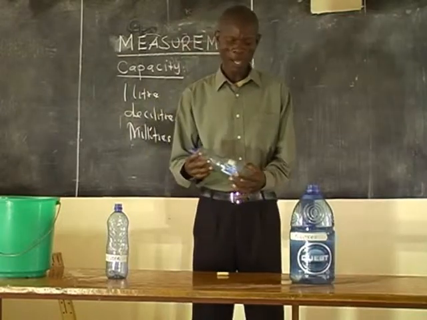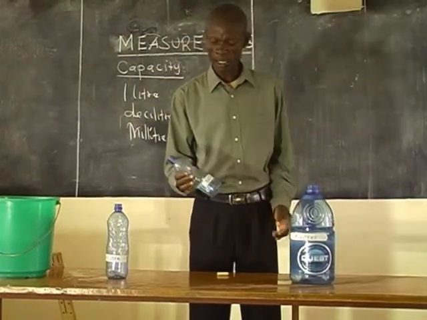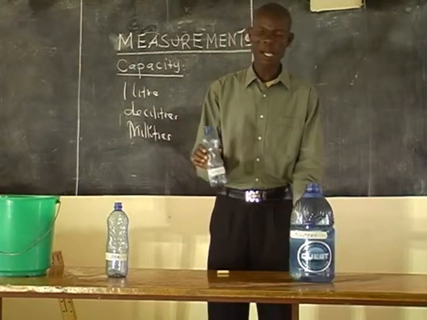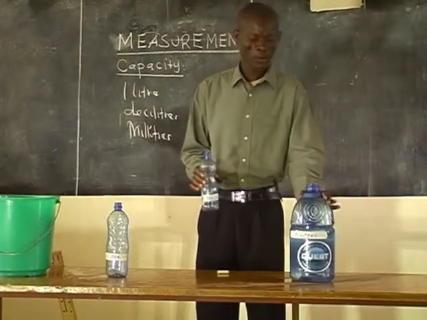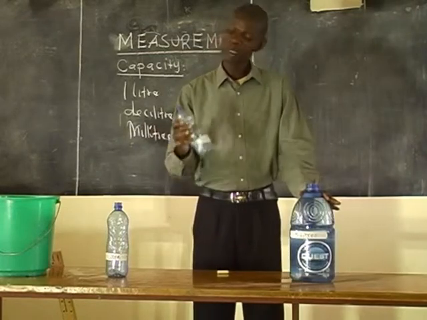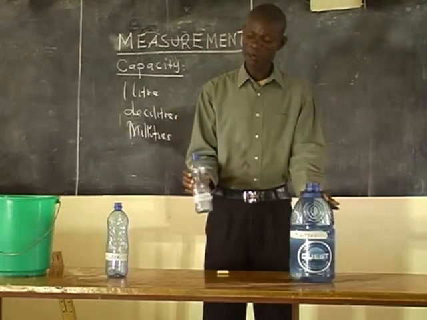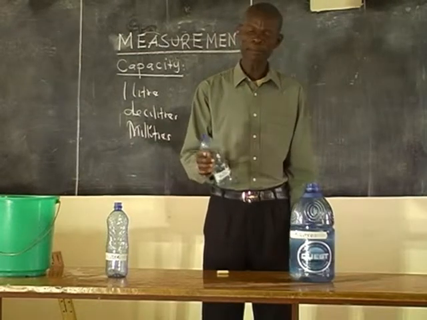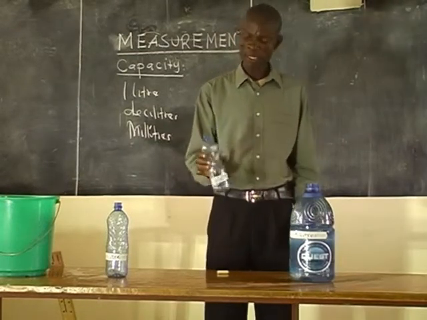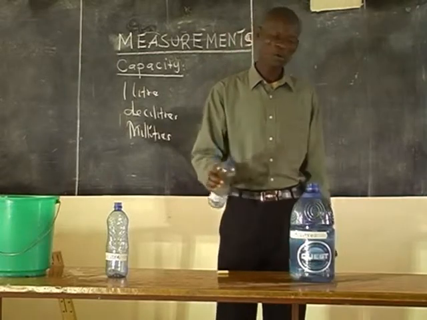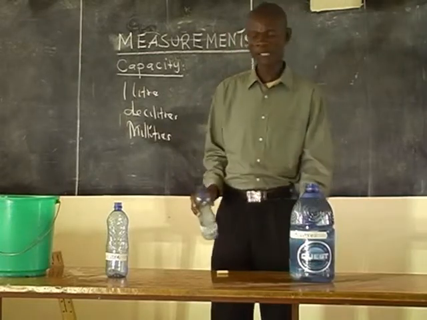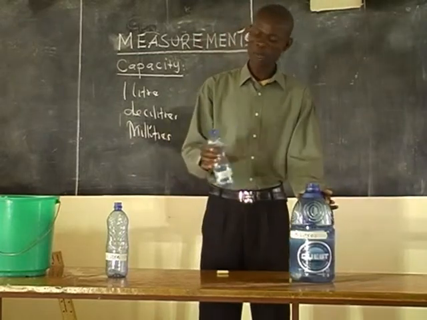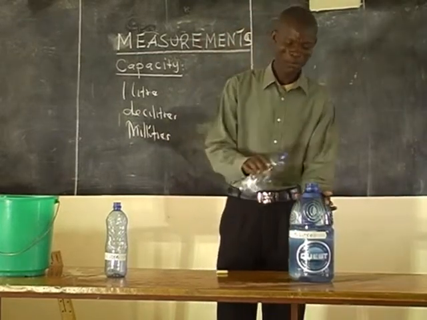So now from here we are able to realize that if you are going to use a 500 milliliter container to fill a 5-liter container, then 10 of them are the ones that will be able to fill a 5-liter container. Therefore, it means this container is able to accommodate 10 of these.